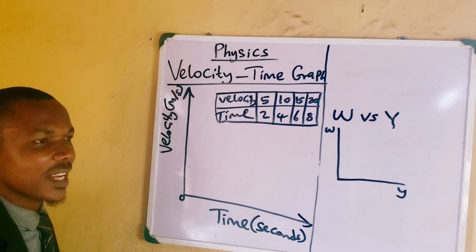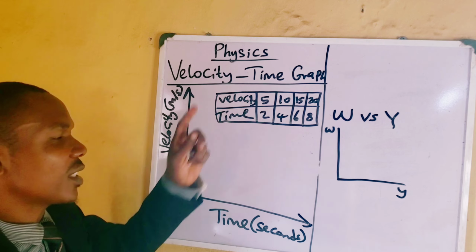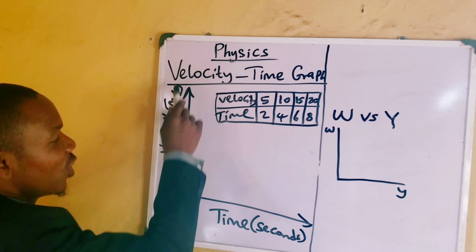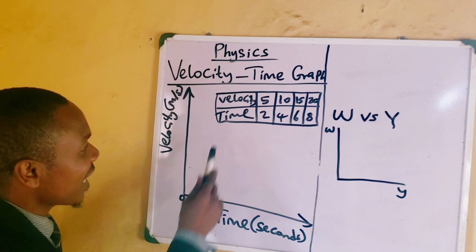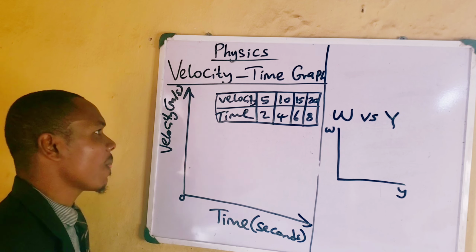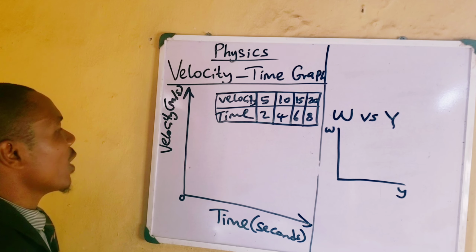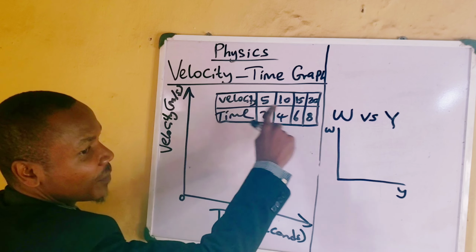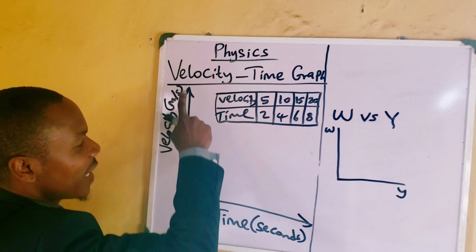Then they say you should plot this velocity time graph. Remember what I said, that velocity should be on the y-axis, while time should be on the horizontal axis. You have to do it in such a way that all the numbers here should be accommodated.